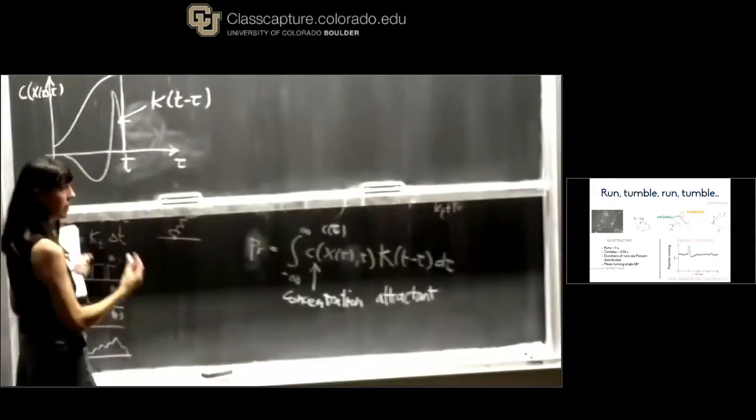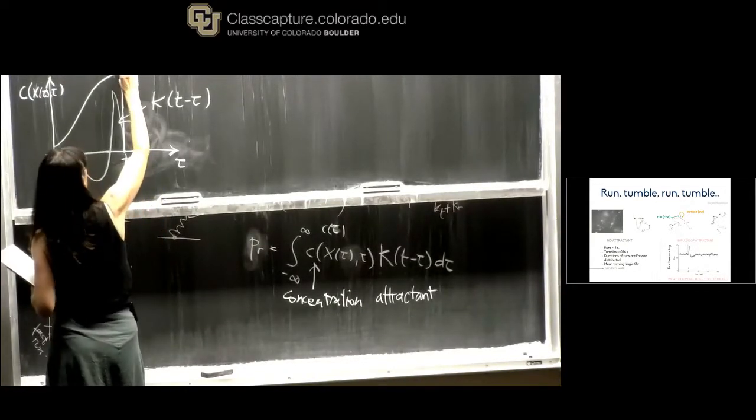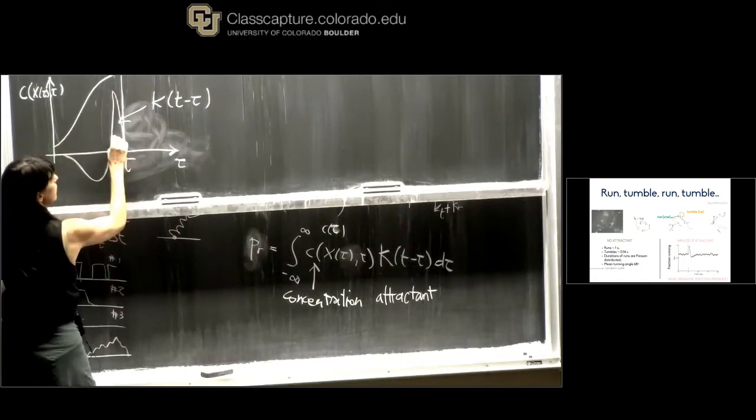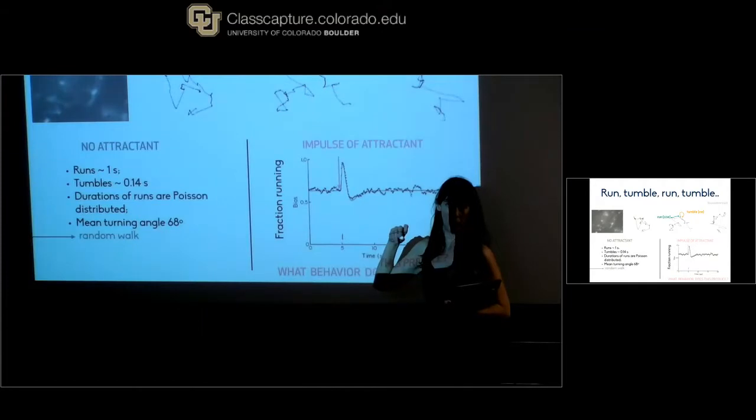This is a linear system, and cells are responding as a function of what they got in the past 1 second, because that's the shape of this curve. There is a 1 second positive lobe and a 3 second negative lobe.